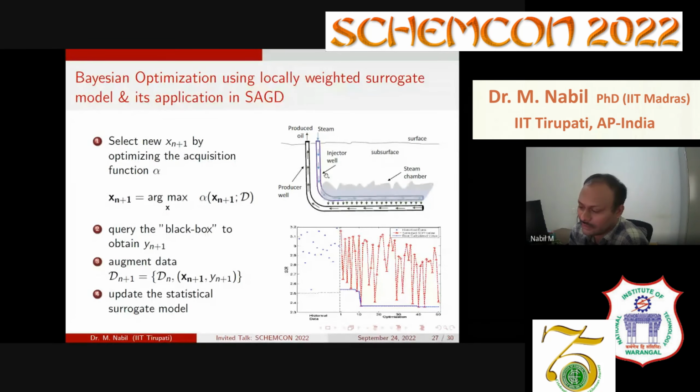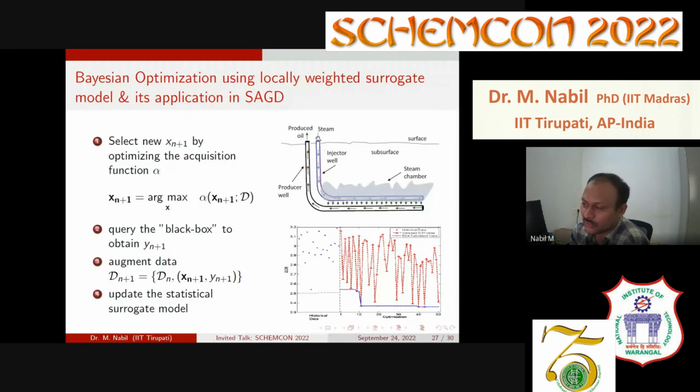In places like Canada, you have what is known as oil sands, which is a mixture of bitumen, sand, and water on the surface. What we require is to recover the bitumen from the oil sands, because it contains sand, water, and bitumen. We want to extract the oil so that you can refine it and then develop petroleum and petrochemical products.